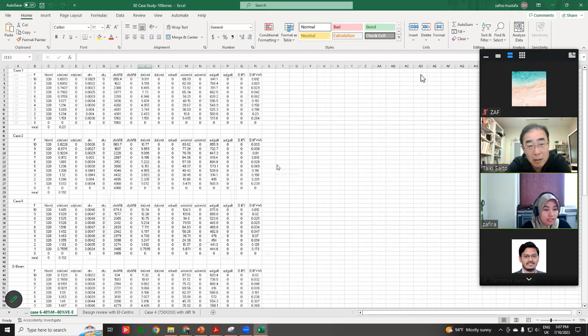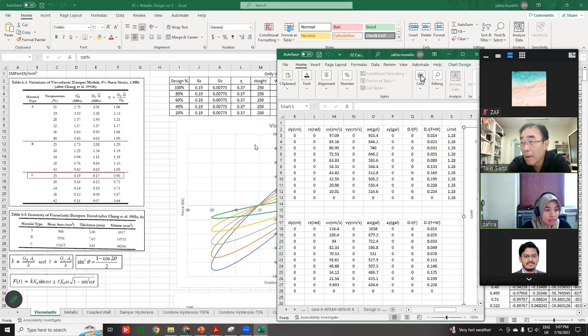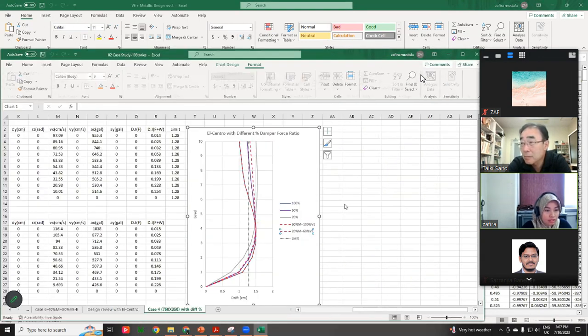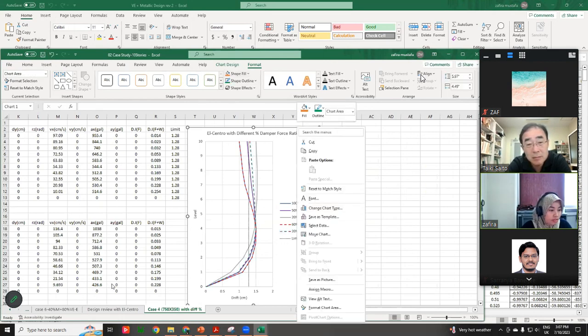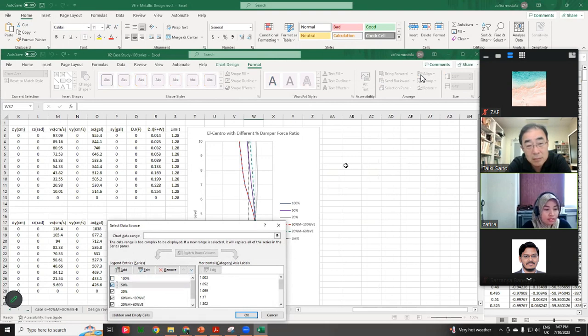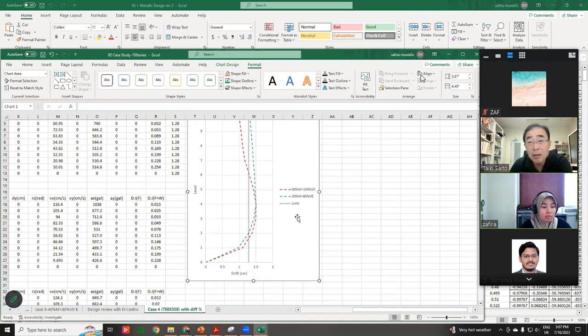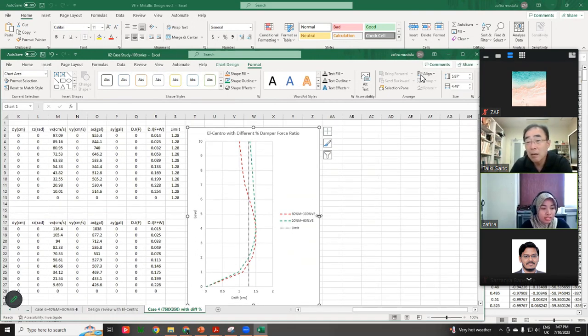Okay, I changed this one. Can you see something? So the red one is 60% metallic and 100% viscoelastic. The green one is 20% metallic and 60% viscoelastic.